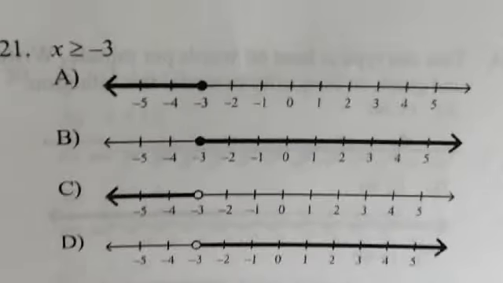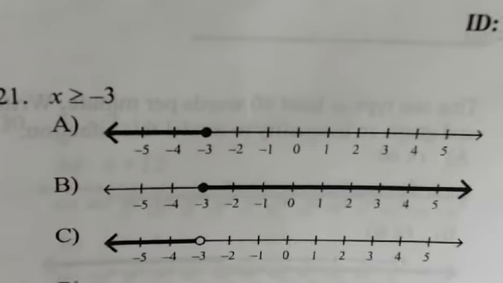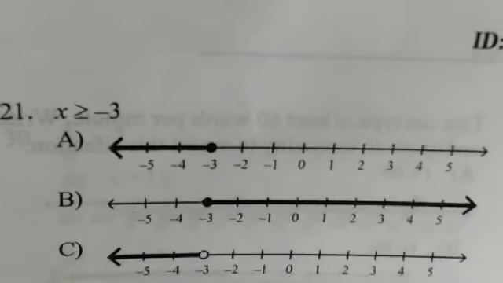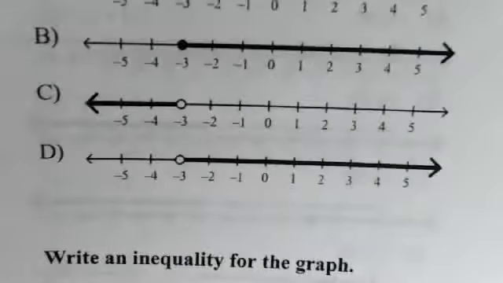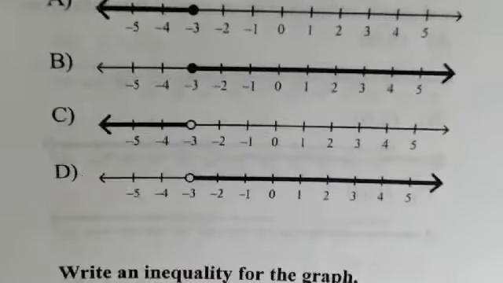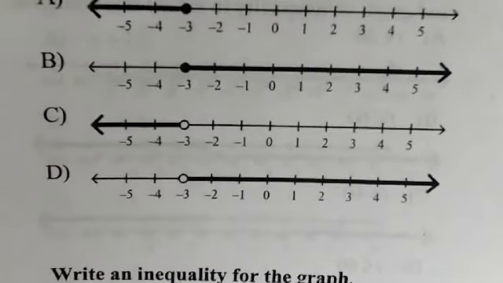Okay? Well, there's two obvious answers. It's either B or D, right? It's either B or D. How many of you raise your hand? How many of you say it's B? Raise your hand. How many say it's D?